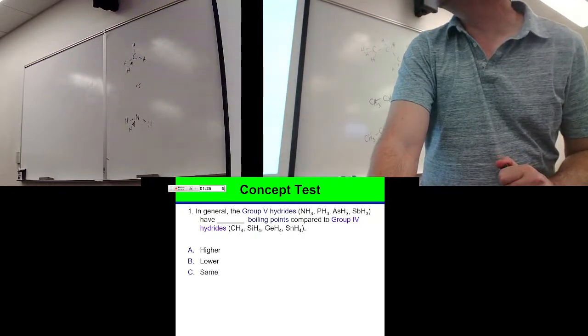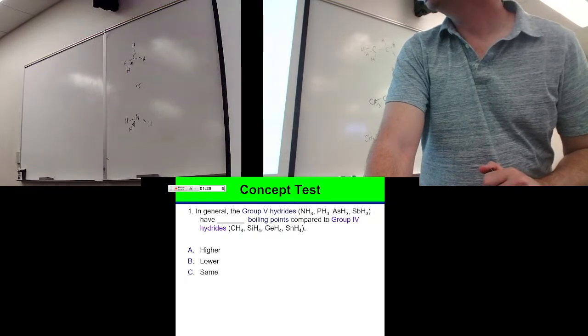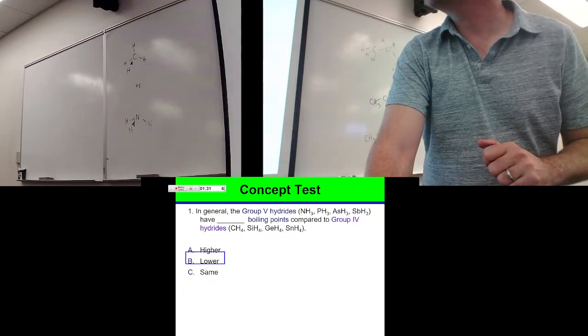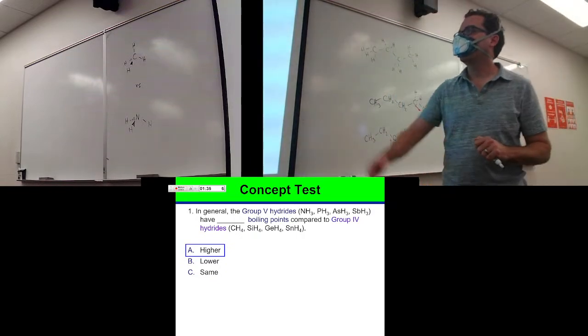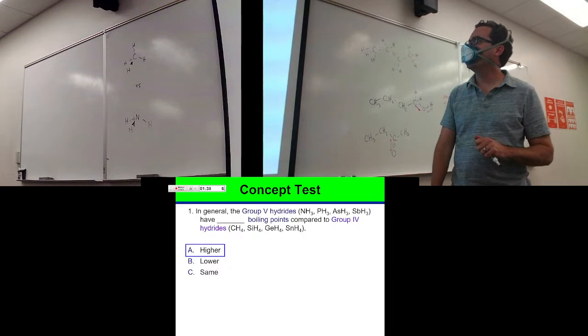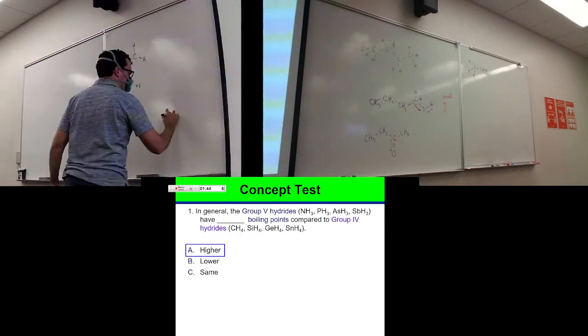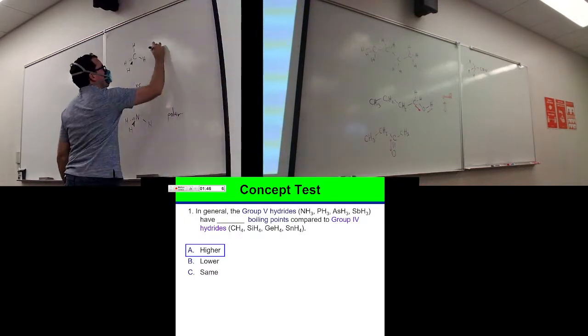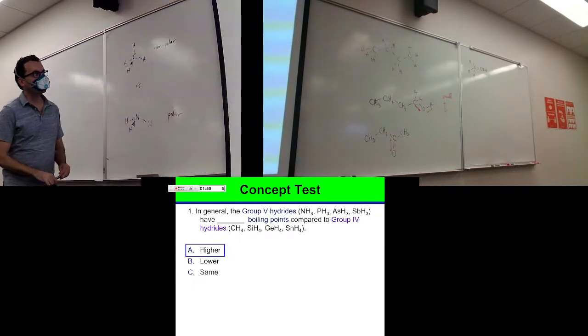Because the group 5 shapes are the way they are, they'll make more polar bonds. And so you will have a higher boiling point for something like ammonia, NH3, than for CH4. All right, so this is polar, and this is nonpolar.